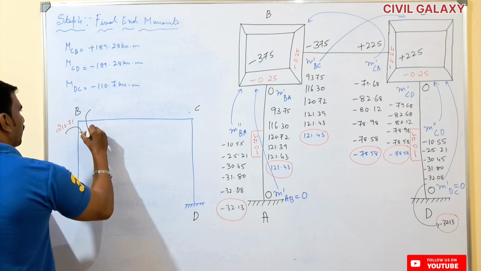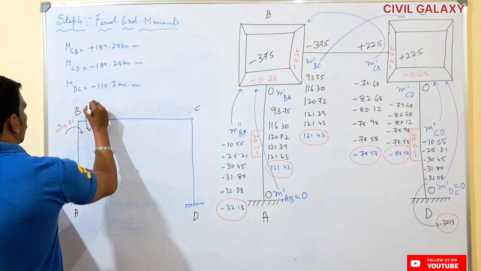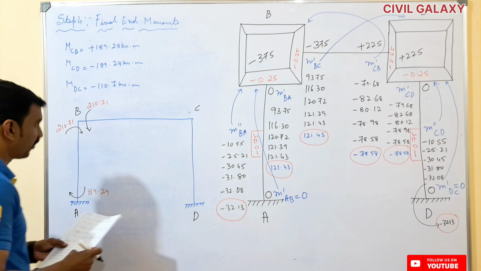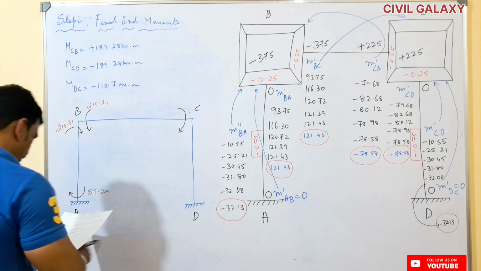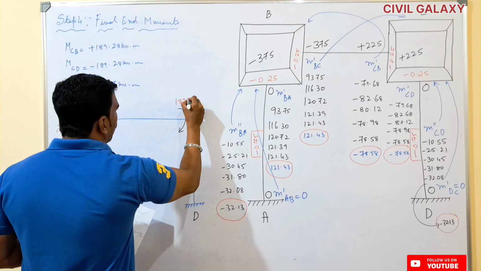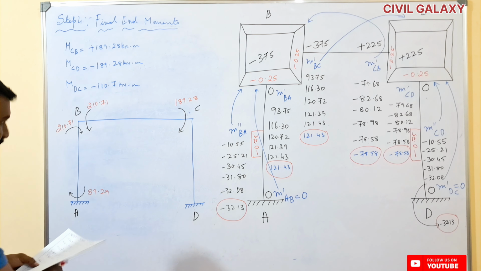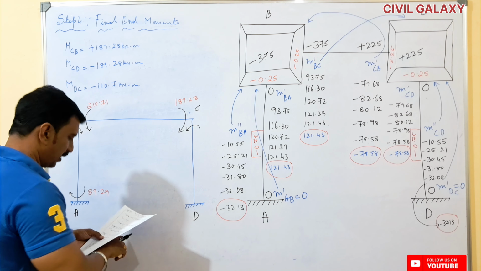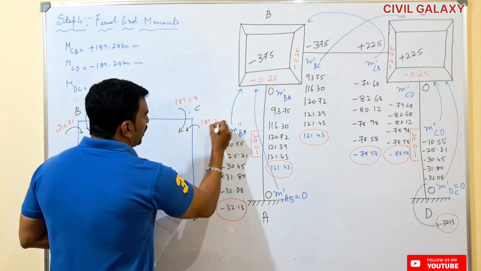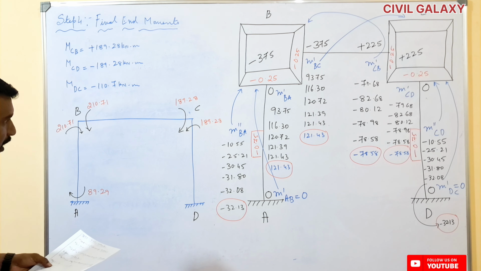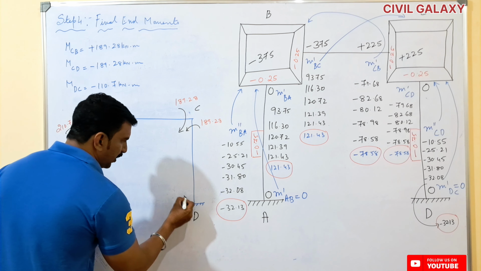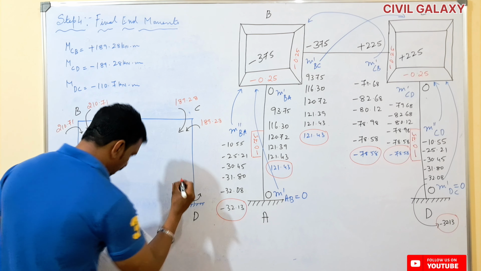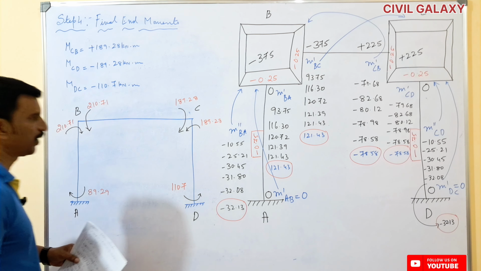Similarly, from B to C, we have got a negative value, that is minus 210.71 kilonewton meters, and from C to B, we have got a value of positive plus 189.28 kilonewton meters, and from C to D we have got a value which is acting in the anti-clockwise direction, that is 189.28, and from D to C we have got a negative value, here also rotating in the anti-clockwise direction, 110.7 kilonewton meters.